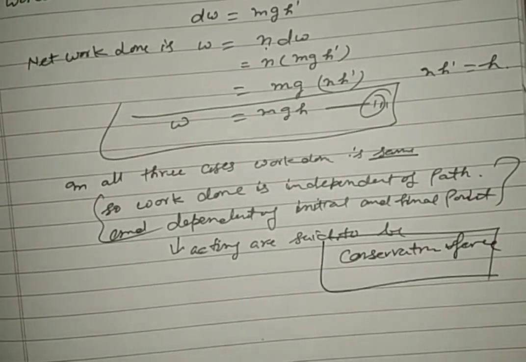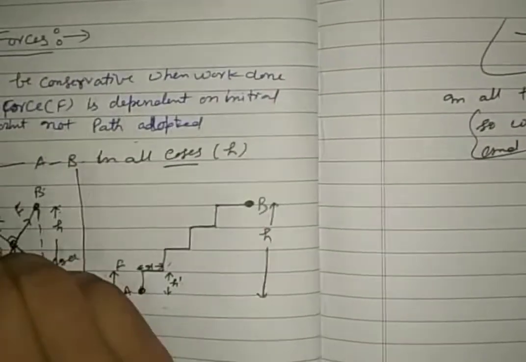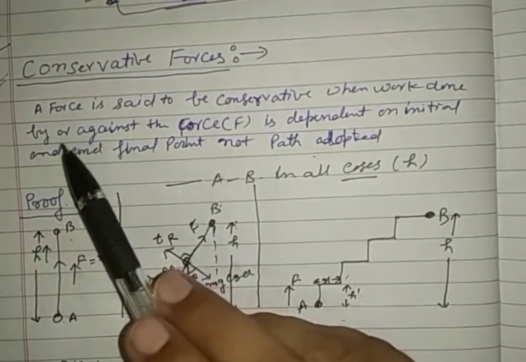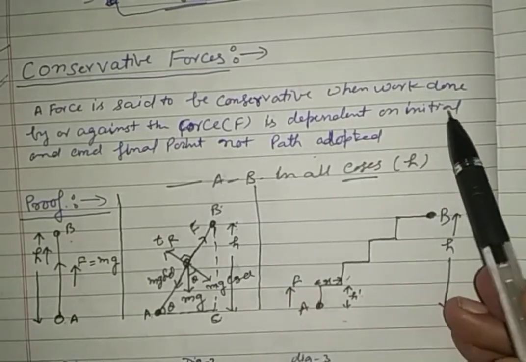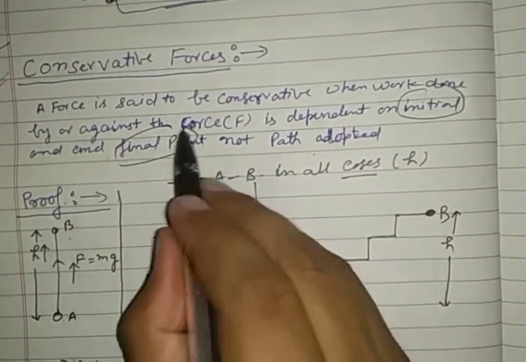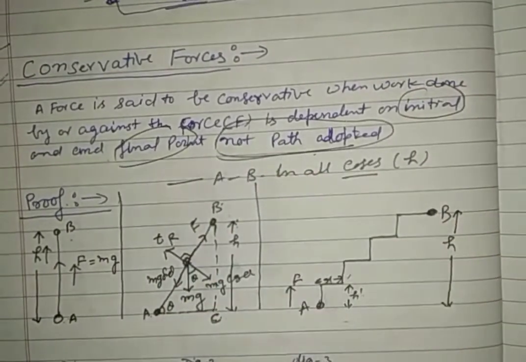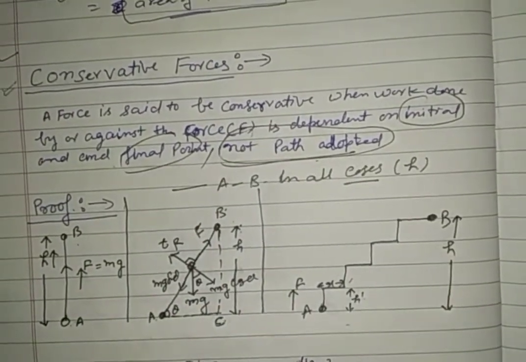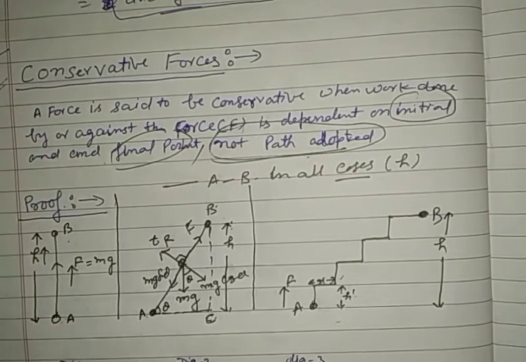This is the concept of conservative force, which is given here: a force is said to be conservative when work done by or against the force is dependent only on the initial and final point. See the underlined term here: it does not depend on the path adopted. Such a force is called a conservative force.